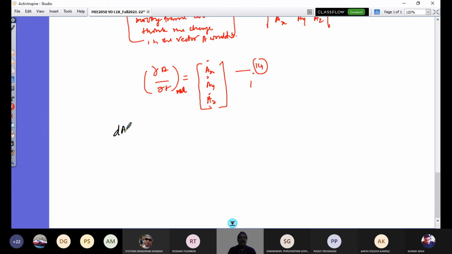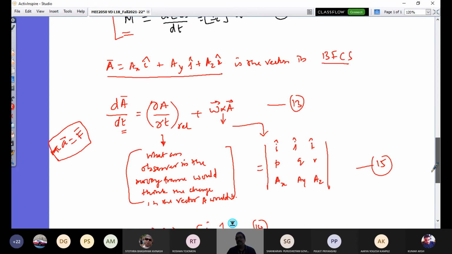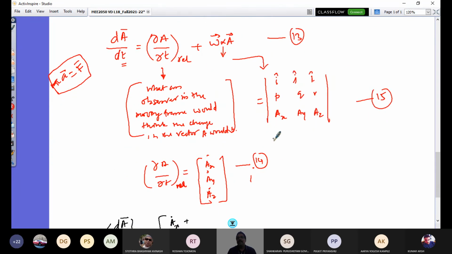And that is dA by dt, and that's going to be this term first. See, this dA by dt is again a 3 by 1 vector. So the first element is ax dot plus the element from this determinant. So what is the element from this determinant?